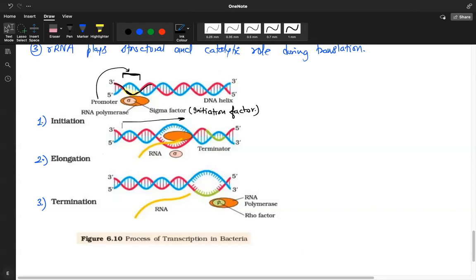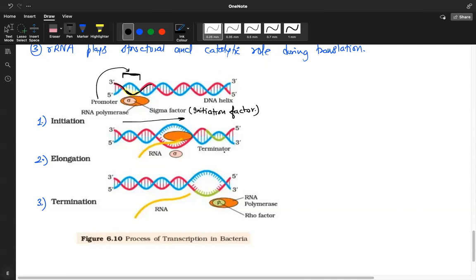Once it transcribes and moves forward, the DNA region behind it closes and winds back into a helical structure, and the immediate region in front of RNA polymerase opens. Is it clear? Yes. So it keeps moving and keeps producing the mRNA.